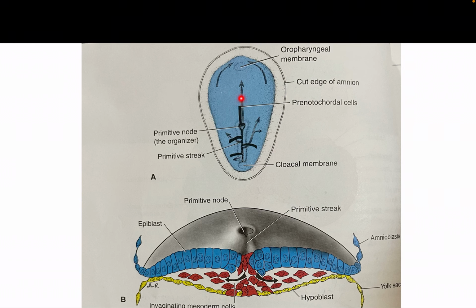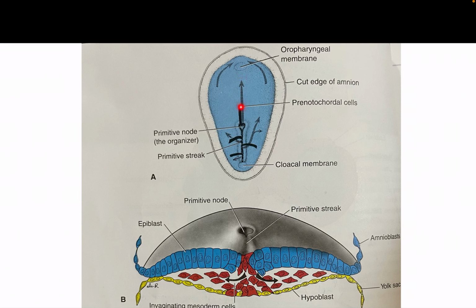You can see over here the straight passage from the primitive node up to the buccopharyngeal membrane. Now two varieties of mesodermal cells are present over here. The most anterior cells, just behind the oropharyngeal membrane, are given the name prechordal plate.